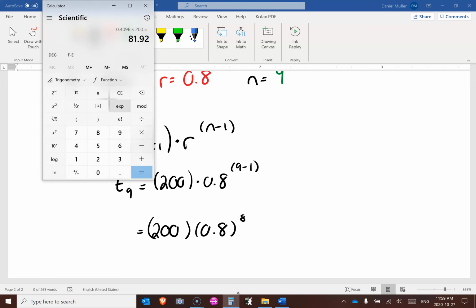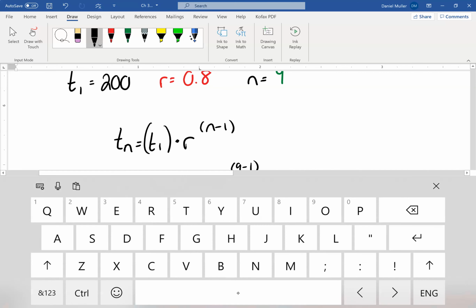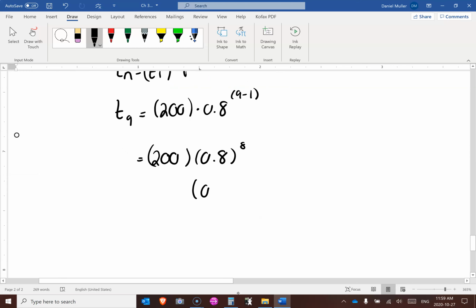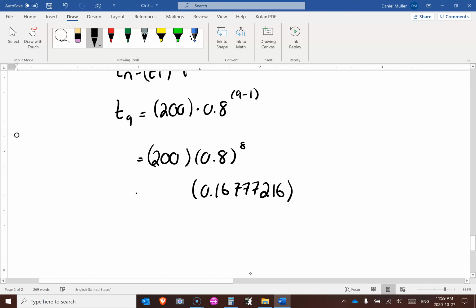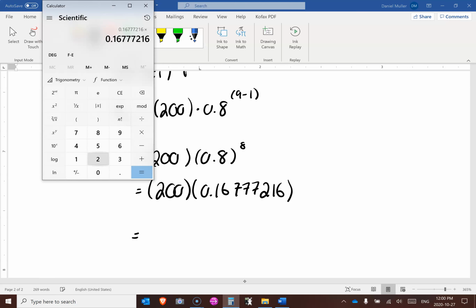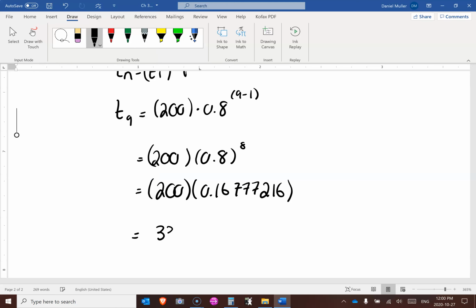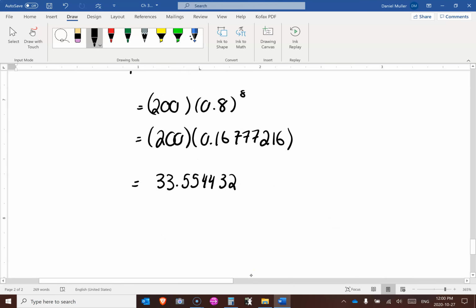I should probably do that now. 0.8 to the 8 is 0.16777216. Then I can times that by 200, which gives 33.5544.